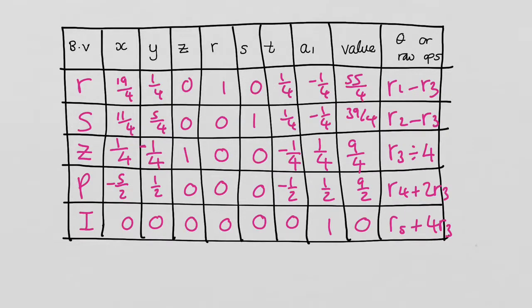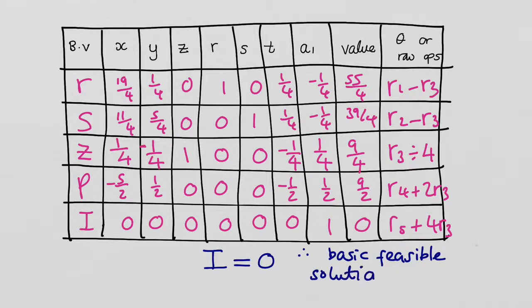Okay, now wonderfully we've found out from this there's no more negative numbers in this objective row down here, and we've got to the point where I equals 0. Therefore there must be a basic feasible solution, and we can proceed to the second stage.